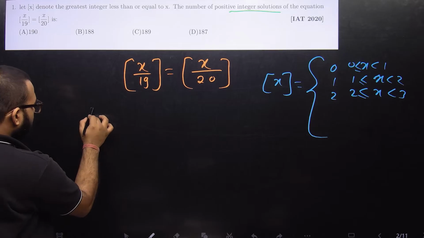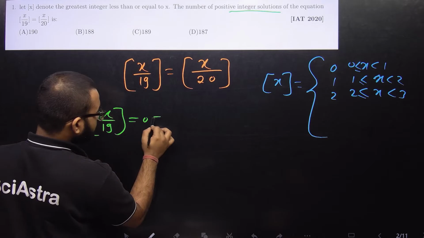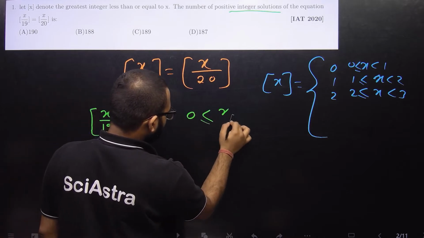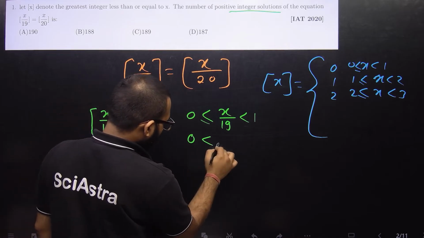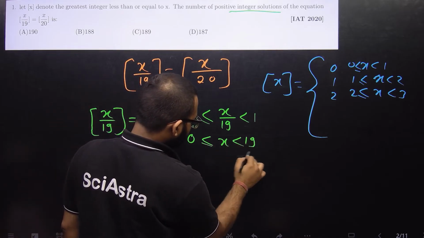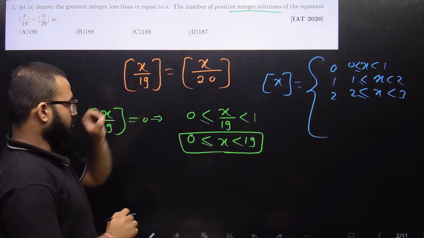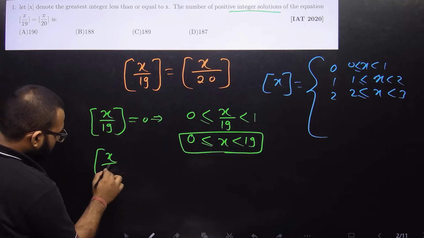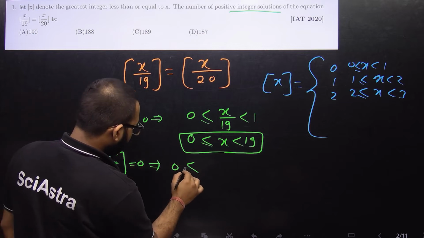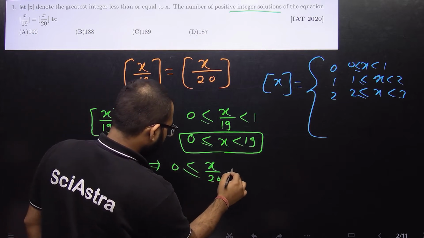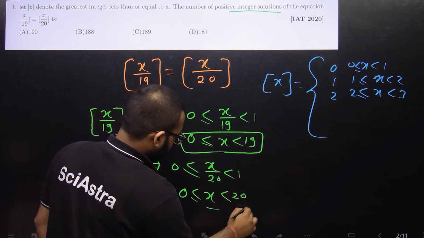Firstly, let us suppose floor of x by 19 is 0. That means x by 19 lies between 0 to 1, so our x is between 0 to 19. All right, from this equation, and let us suppose this is also equal to 0, so floor of x by 20 is also equal to 0. This equation implies x by 20 lies between 0 to open 1, so our x lies between 0 to open 20.